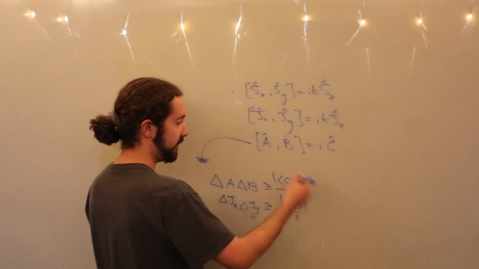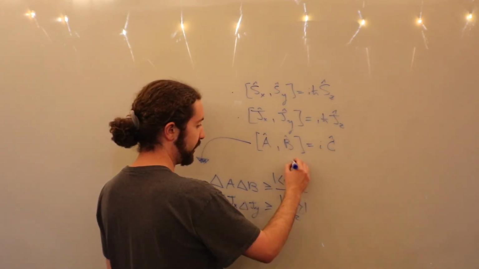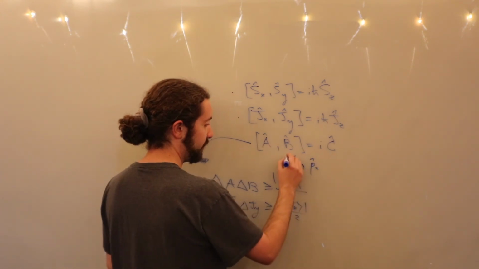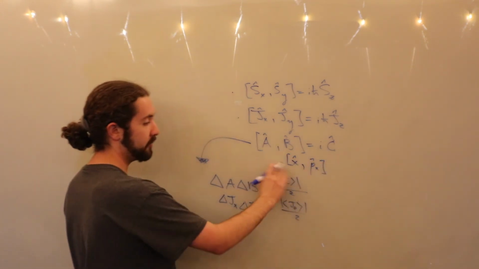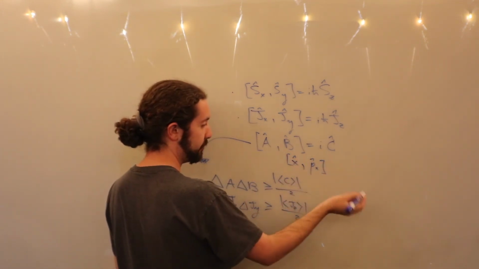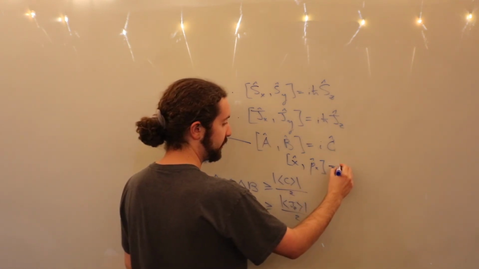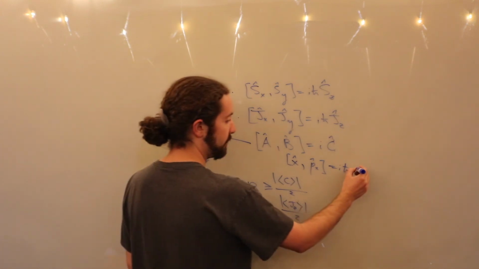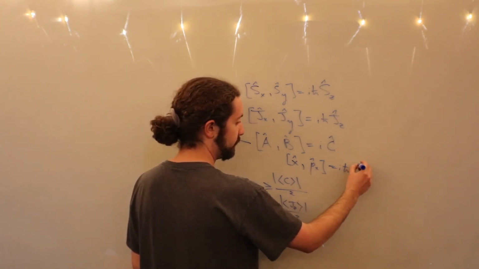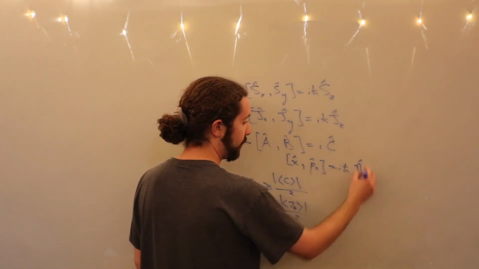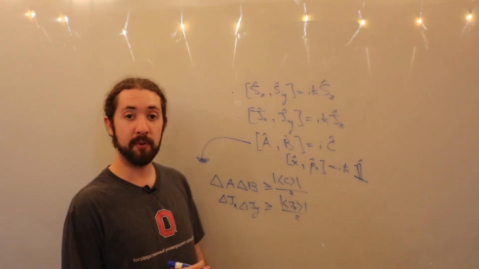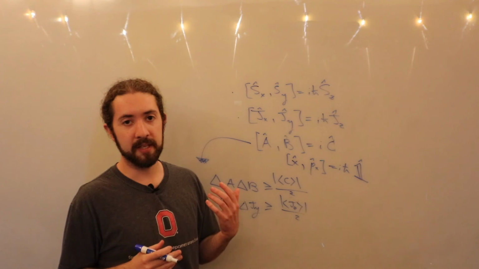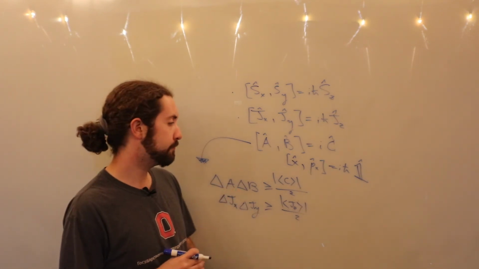Similarly, there's a very similar relation: position and momentum in that cardinal direction, so x and p sub x, is equal to iħ times the identity operator. The identity operator is just the operator represented, if you want to think of it this way, by the identity matrix.